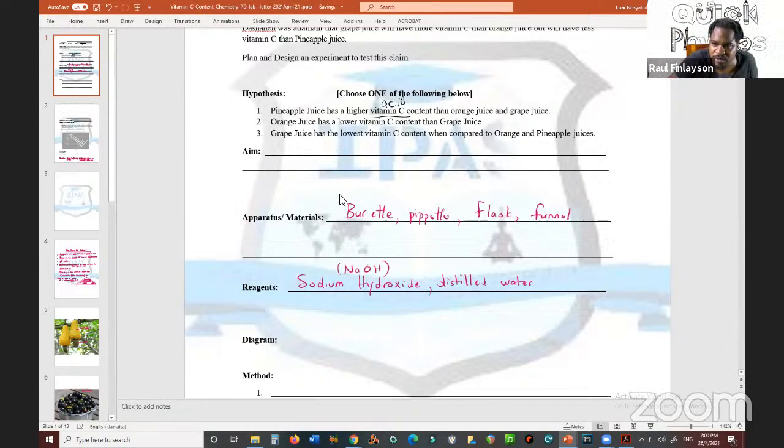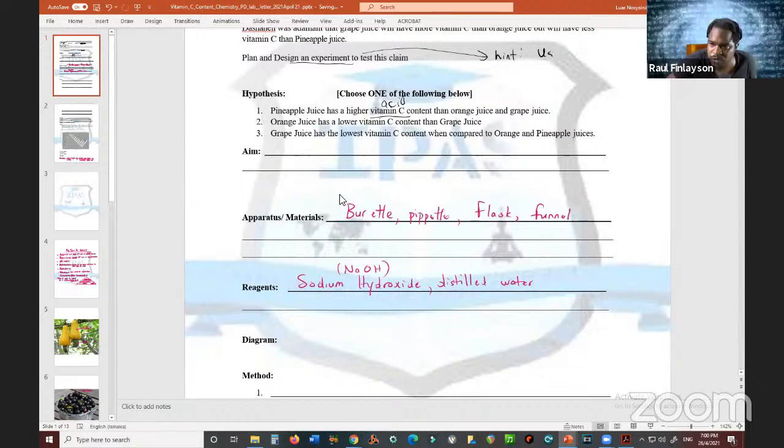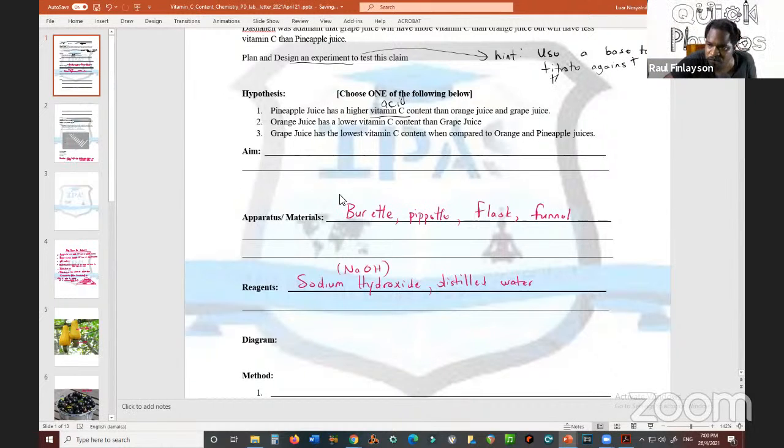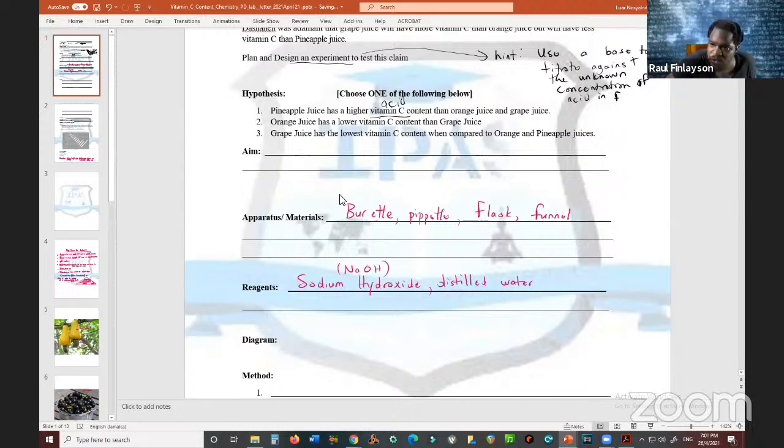But then, plan and design an experiment to test the claim. The suggestion, the hint really, is to use a base to titrate against the unknown concentration of acid in fruit.